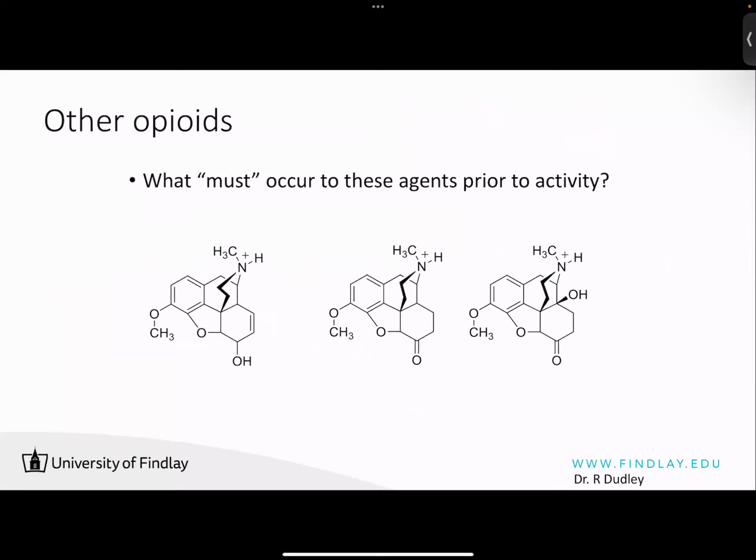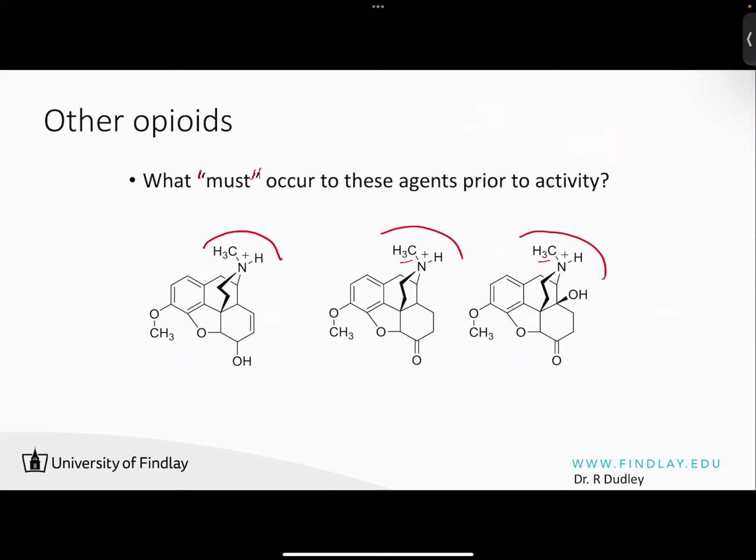Other opioids, something to consider. Here's a question for you guys. What must occur, right, to these particular molecules before they have activity? Well, let's survey them really quick. Look at the north side, top side.